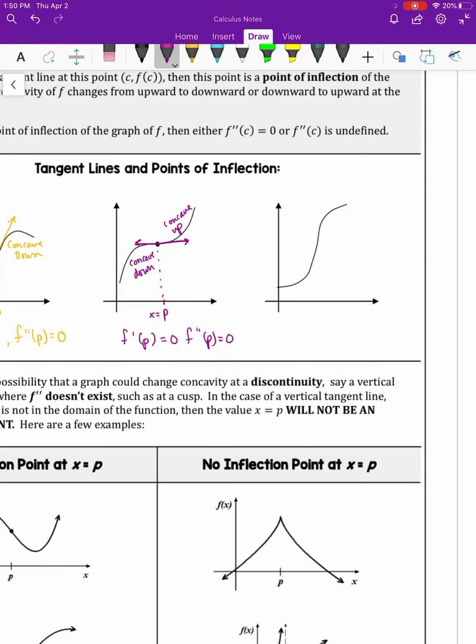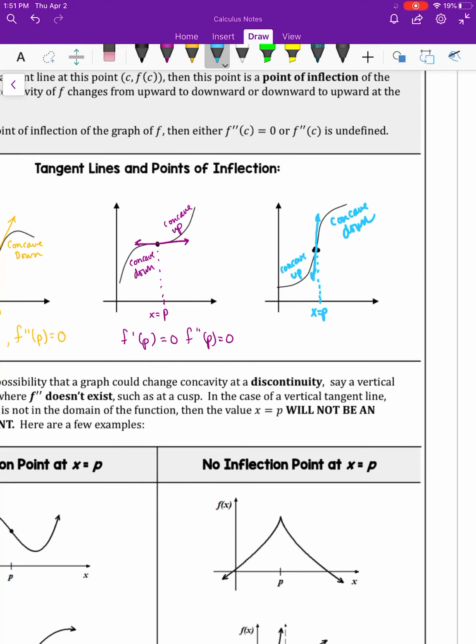Now, next one, I'm going to do this one in blue. It looks like it's changing concavity about right here. It might not be exact, but I'm going to follow that down. That's my x equals P. Right here I have concave up, and here I have concave down. If I looked at the slope of my tangent line here, I think it would actually be vertical.